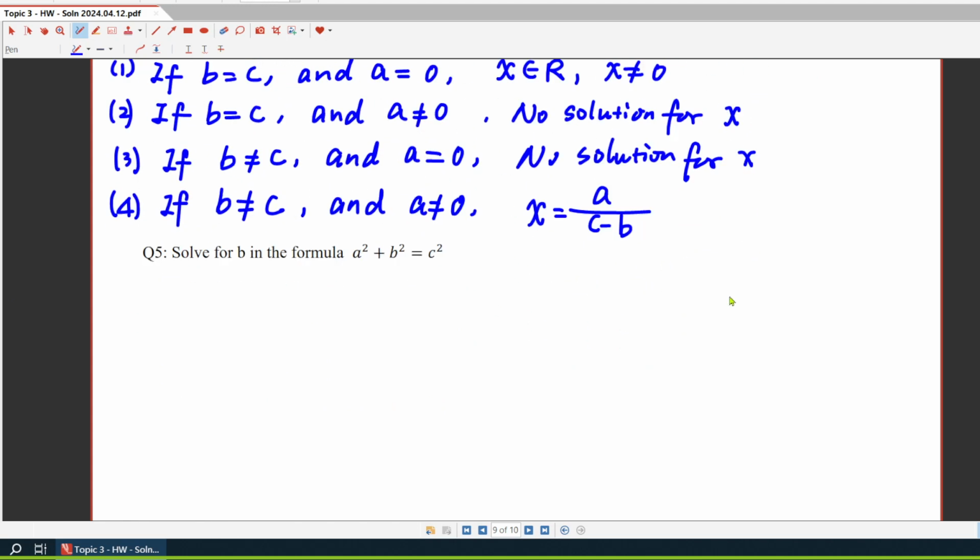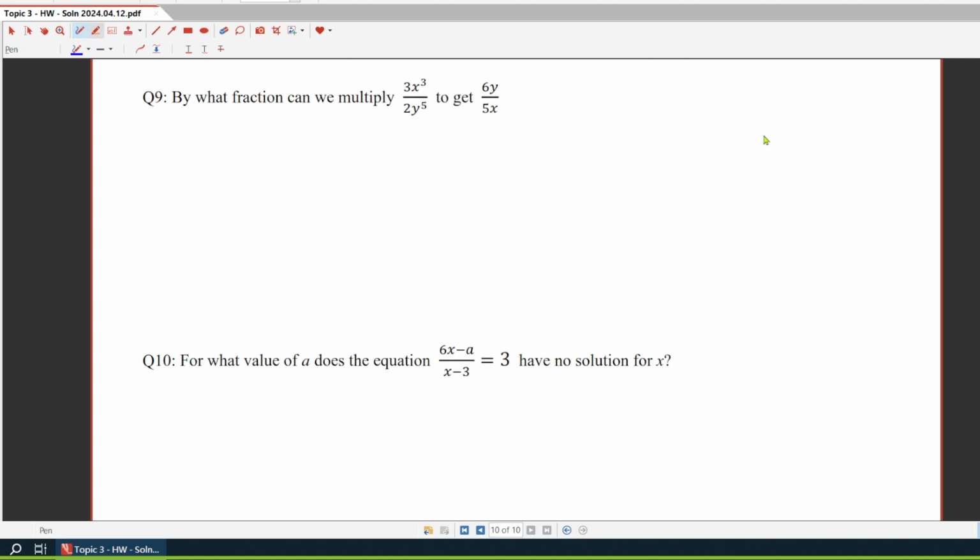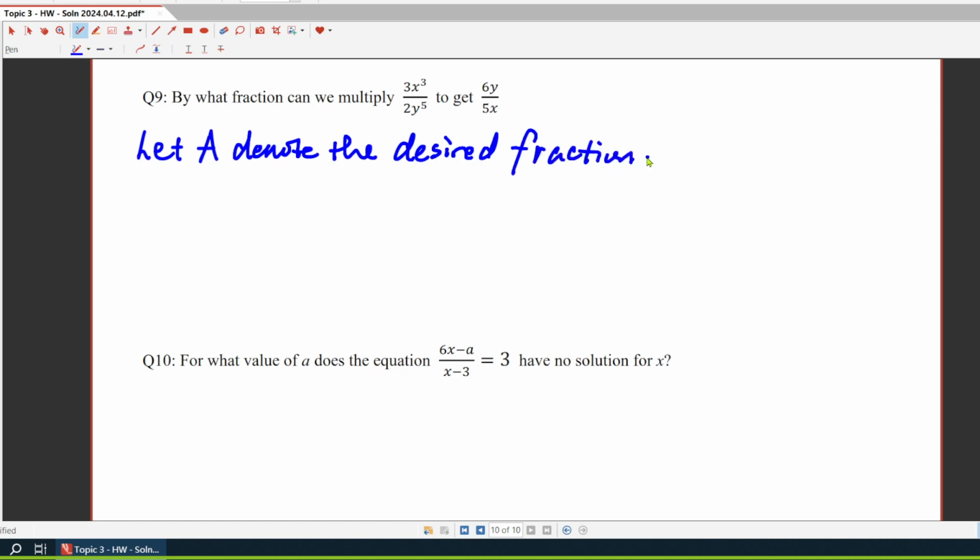Question number 9. Again, we have already talked about a similar question in the previous part, right? Suppose we let letter A denote the desired fraction you are looking for. Then, according to the given information, 3x cubed over 2y to the power 5 times A equals 6y over 5x, right?